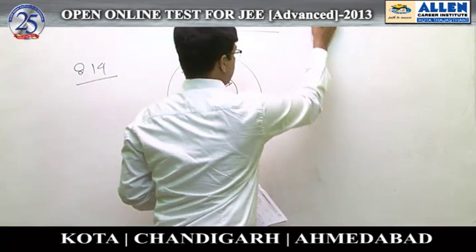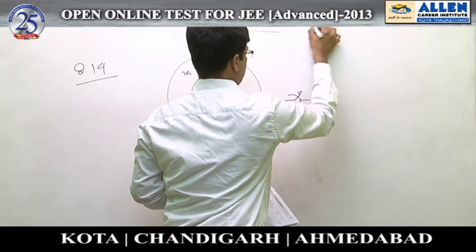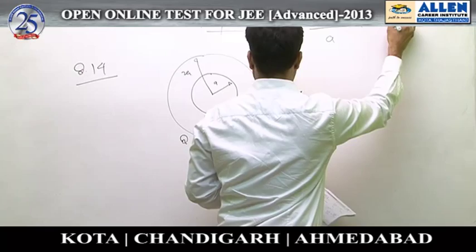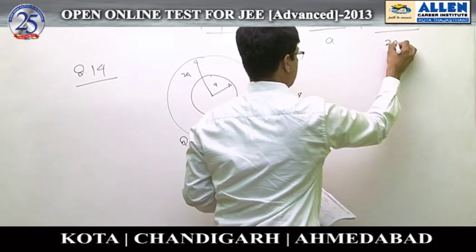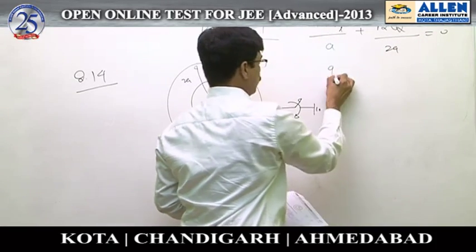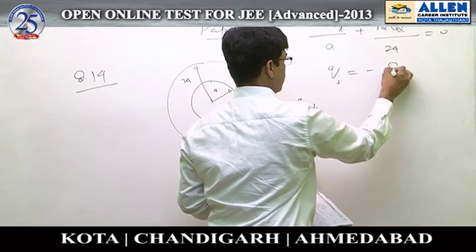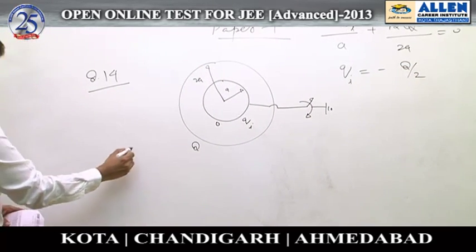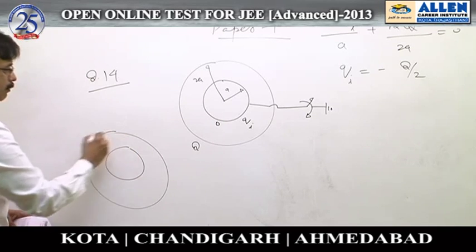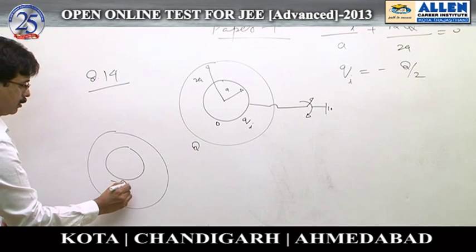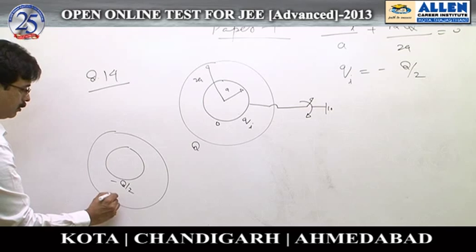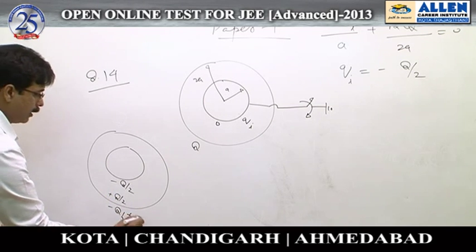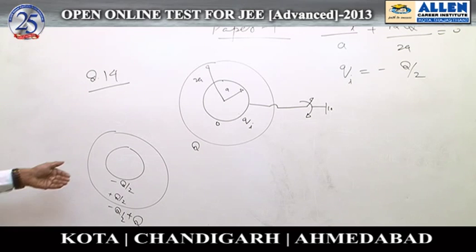From this information, the induced charge appearing becomes minus Q by 2. That means our final charge distribution becomes minus Q by 2, plus Q by 2, minus Q by 2, plus the original charge Q. This is the final charge distribution on all the surfaces.